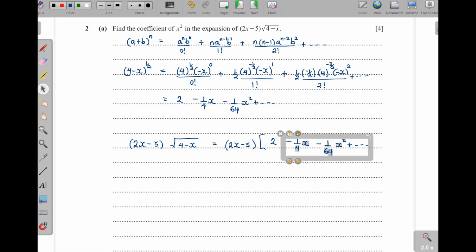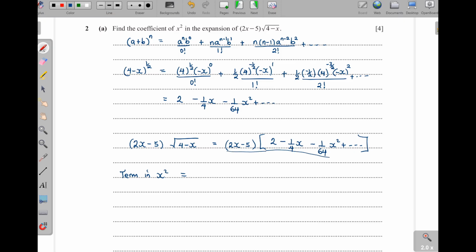I think I can extend this one a little bit, so like that. But then we want the coefficient of x squared, so term in x squared is going to be, just get the terms that when multiplied they give us what? x squared.